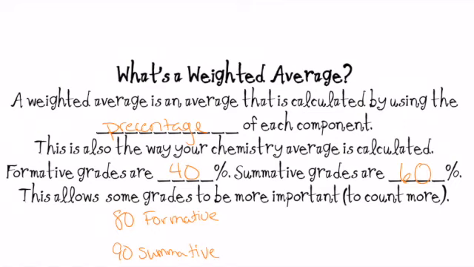So formative grades are 40%. So we would have 80 times that 40% plus 90 for the summative times 60%, and then we add those together. So your average would be an 86.